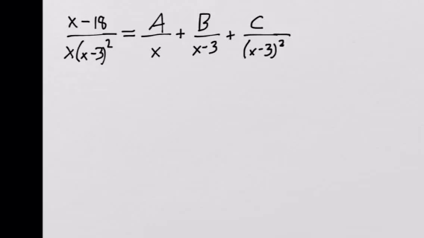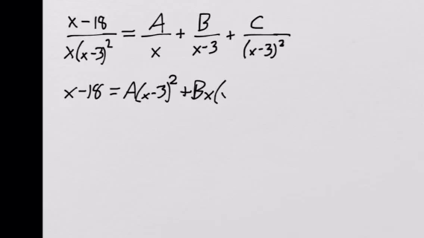So now I go ahead and multiply by x times (x minus 3) squared. I get x minus 18 equals A times (x minus 3) squared plus Bx times (x minus 3) plus Cx.